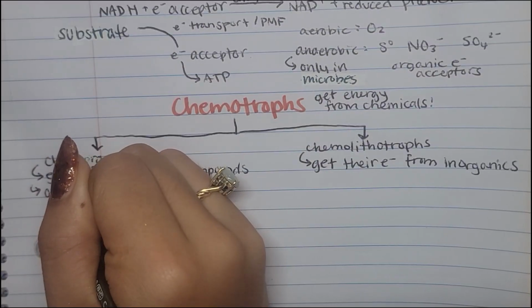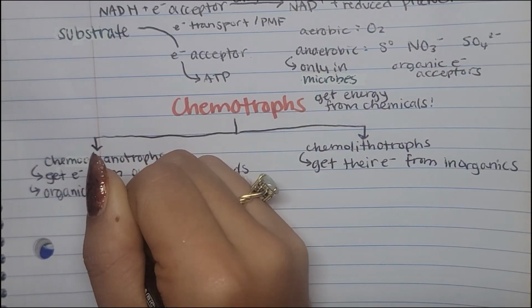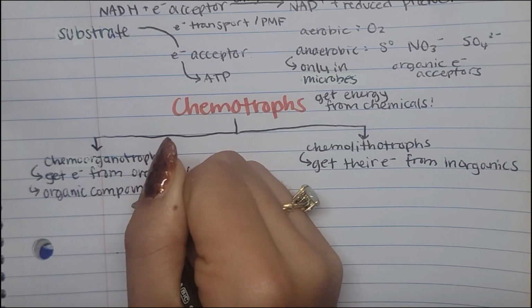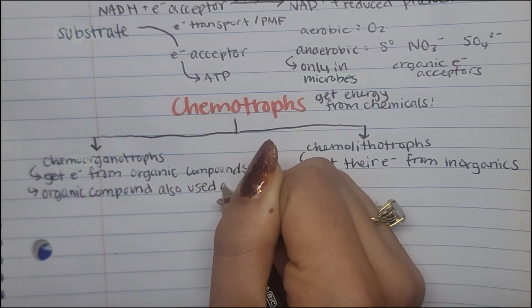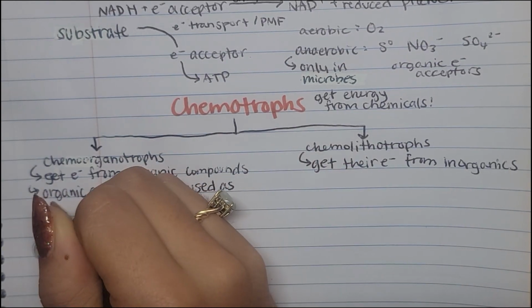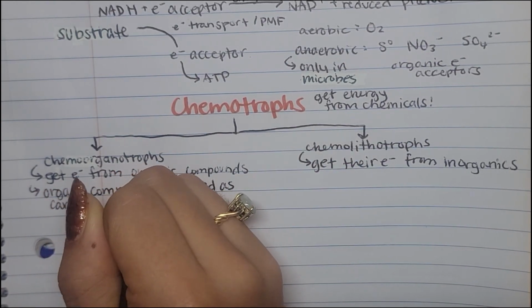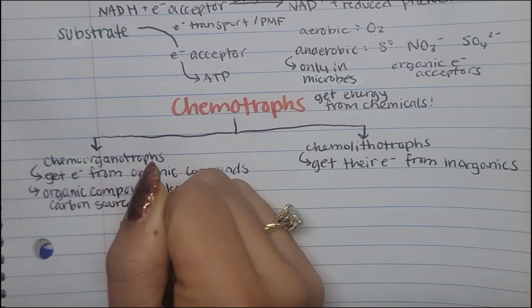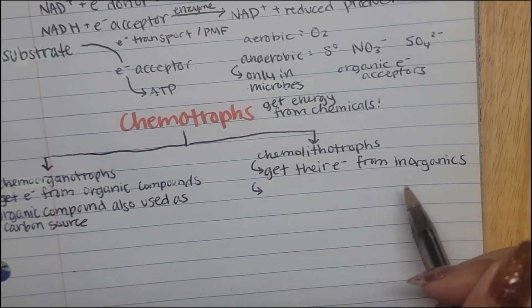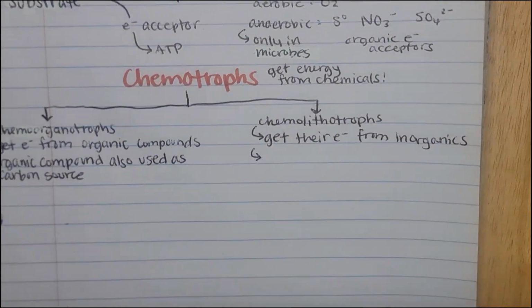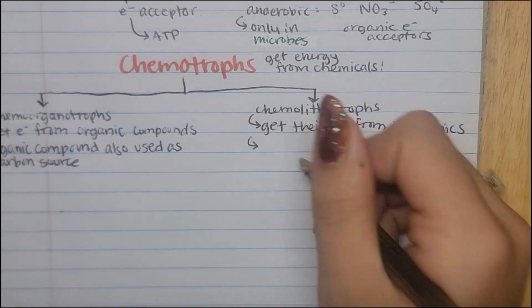So with chemoorganotrophs, they use an organic compound as both the electron donor and the carbon source. This is something that we do, we take a glucose molecule and we take the energy from it, and then we use the carbon atoms to make our biomolecules, and that makes up our tissues. But with chemolithotrophs, since they get their electrons from inorganics, they're also getting their carbon from inorganics. So they do carbon fixation.